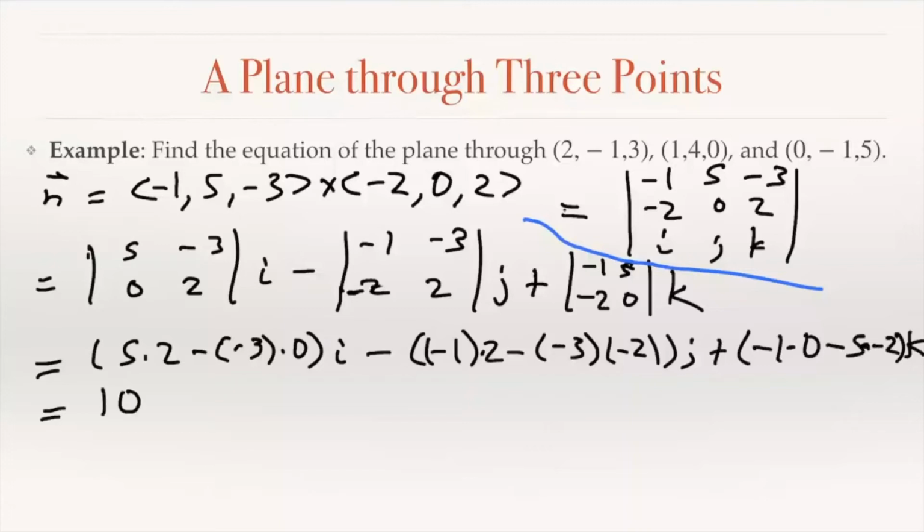And that is 10I minus 3J. Oh, pardon me. Triple negative here. So that's negative 2 minus 6 is negative 8. And then another negative is plus 8J. And then plus 10K.